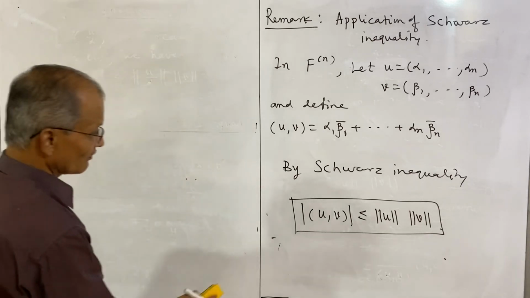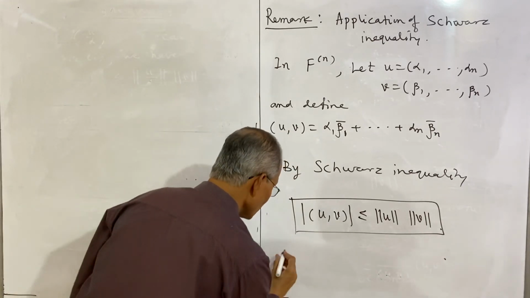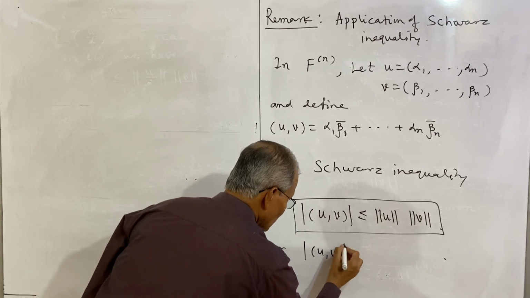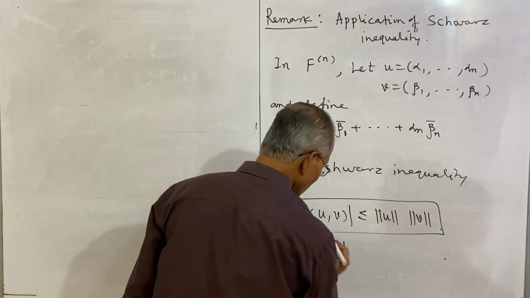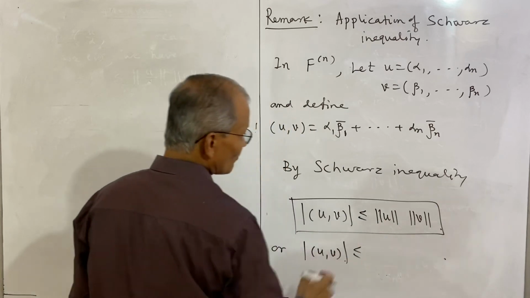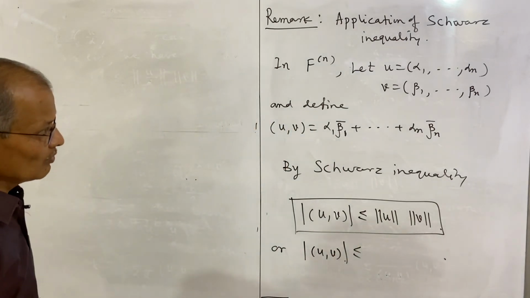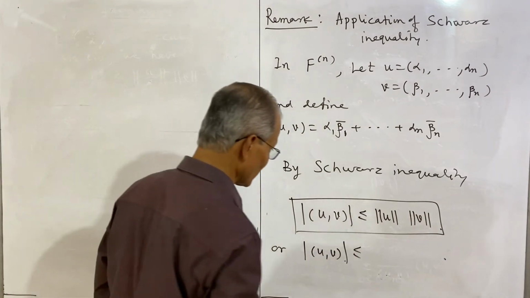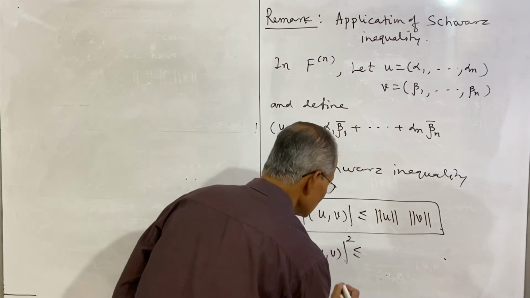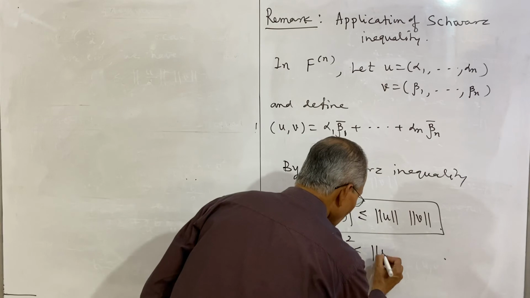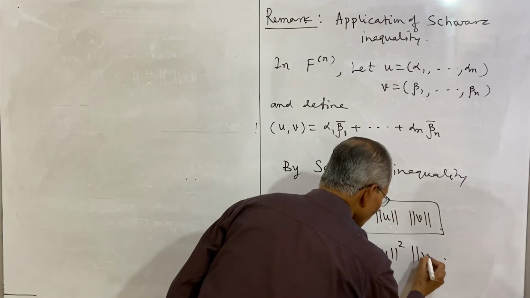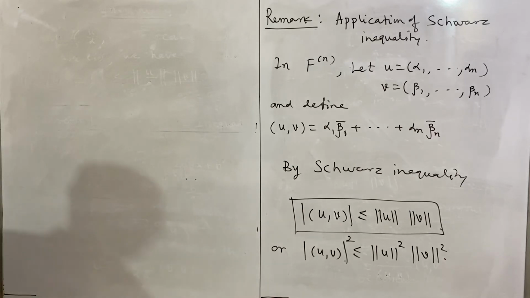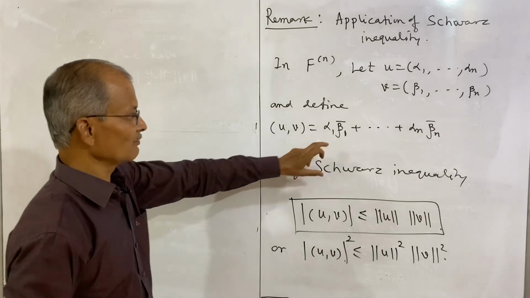This is the Schwarz inequality, and that can be written as the magnitude of the inner product is less than or equal to norm u times norm v. We shall consider this in the square form: this is less than or equal to norm u square into norm v square, squaring both sides.